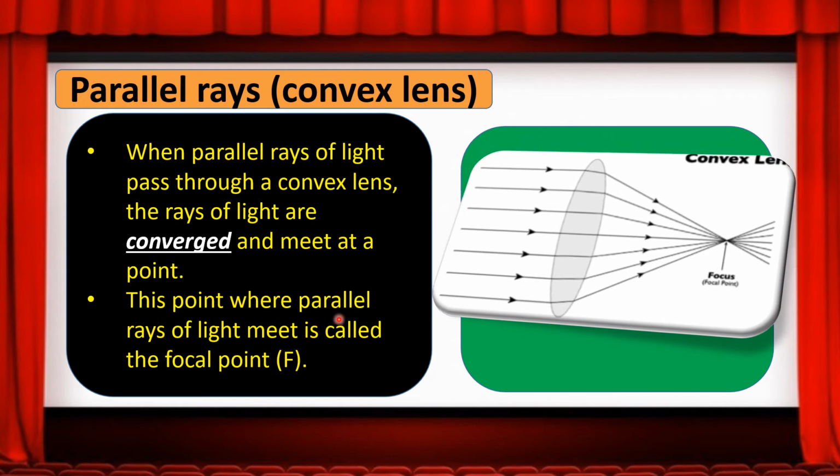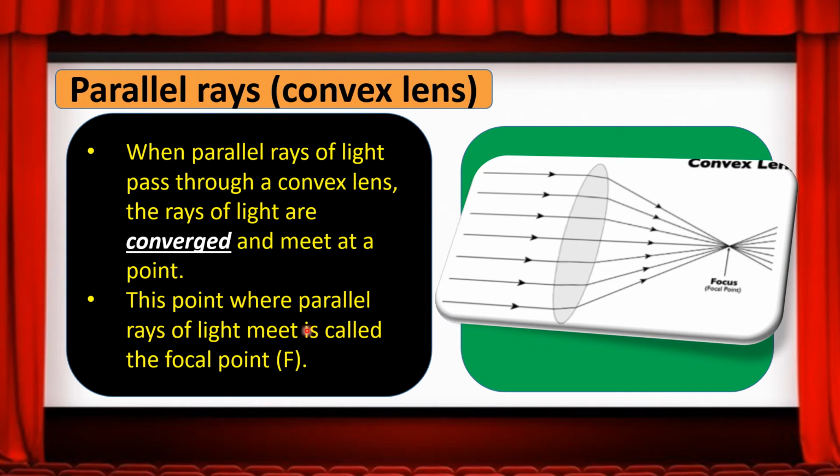This point where parallel rays of light meet is called a focal point with a symbol of capital letter F. So these are parallel rays, and the parallel rays pass through the convex lens. So this is the convex lens. And when parallel rays of light meet, it is called a focal point. So this is what we call a focus or a focal point with a symbol of letter F.